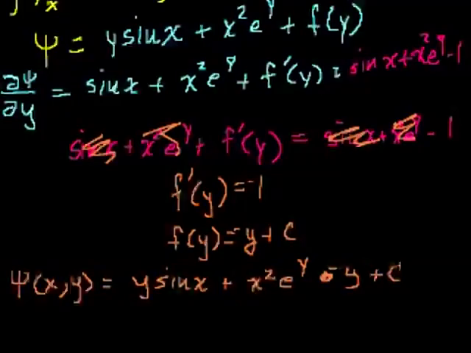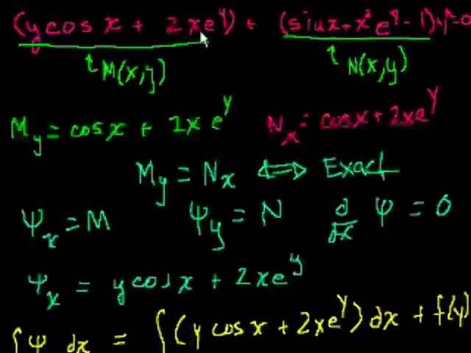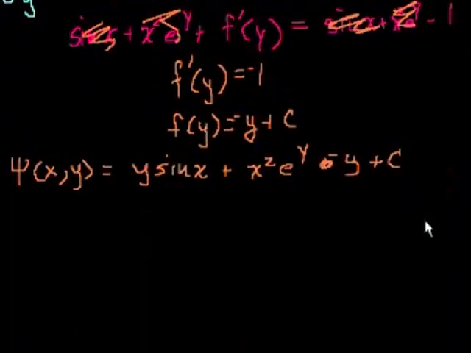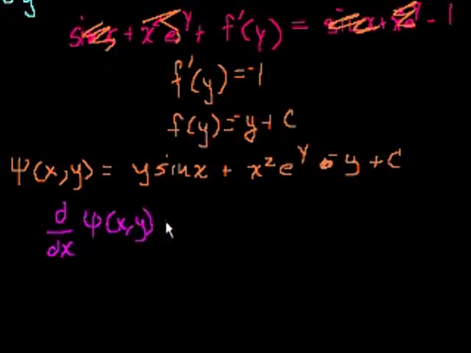And so what does that tell us? Well, we said that original differential equation up here, using the partial derivative chain rule, can be rewritten now as the derivative with respect to x of xi, a function of x and y, is equal to 0.